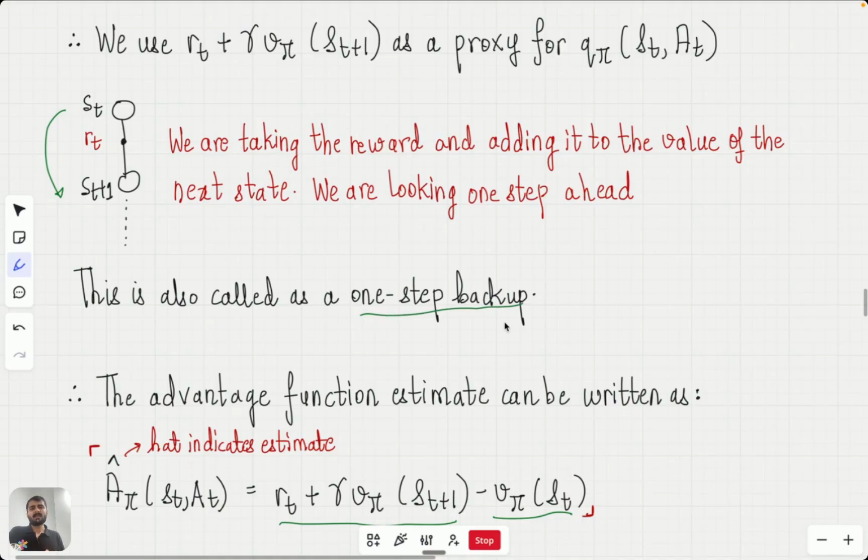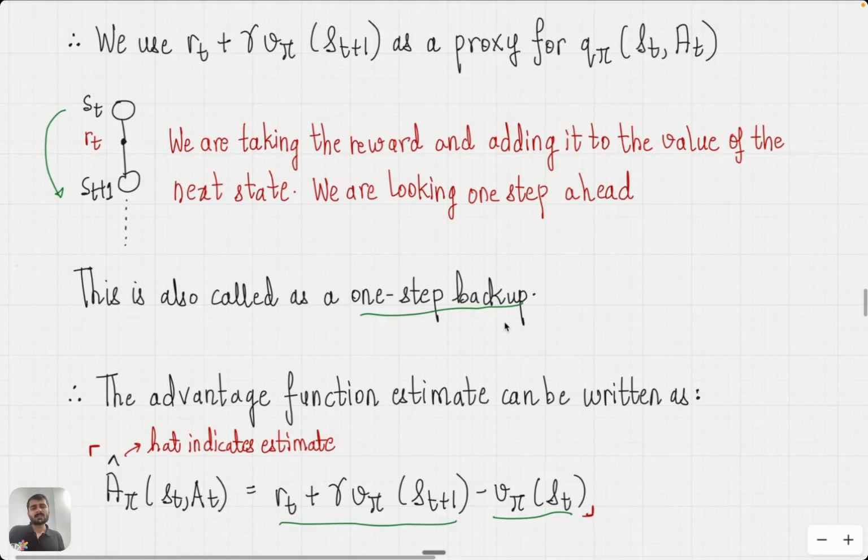Now this is definitely one method of estimating the advantage function. Here we are simply using a proxy for the action value function, and the proxy is nothing but the temporal difference target. And we use the temporal difference target because its expected value exactly matches the expected value of the action value for that particular state and for that specific action taken in that state.